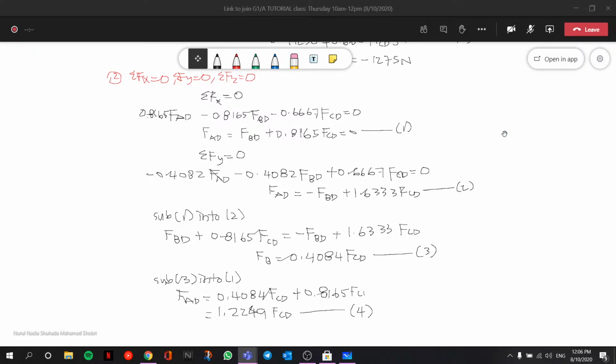Then we solve our forces in z direction.